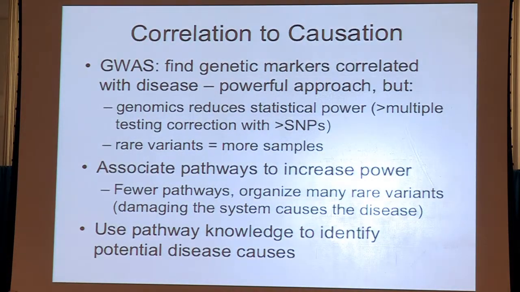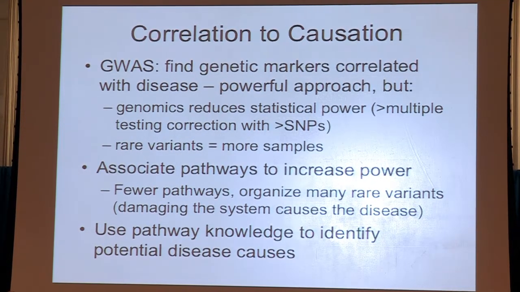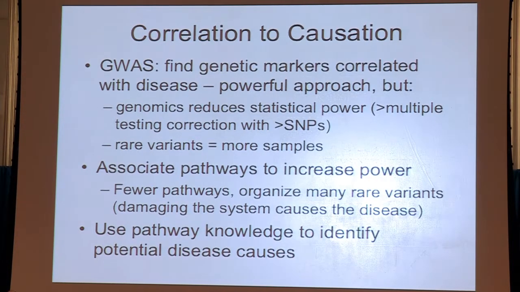In this case, this was like a genome-wide association study, where you're looking for mutations or genetic markers that are associated with a phenotype. That's a correlative approach where we find that a particular disease gene is correlated with a phenotype of interest.